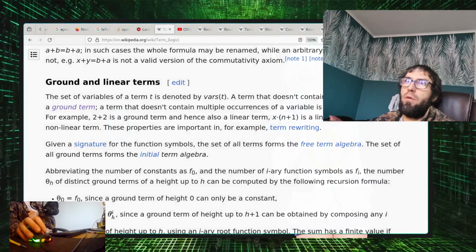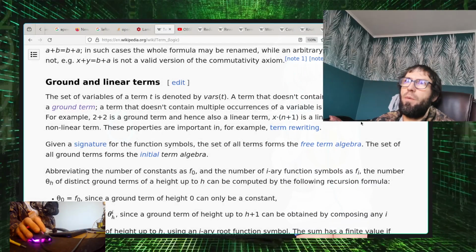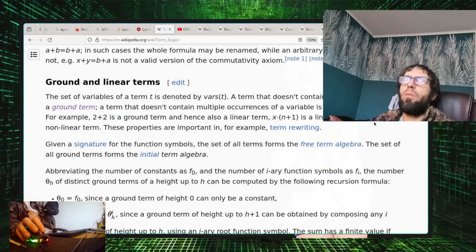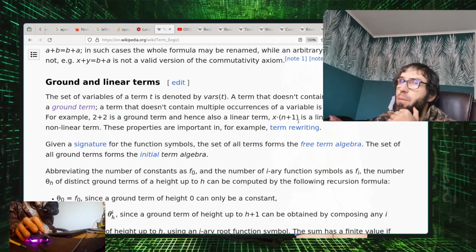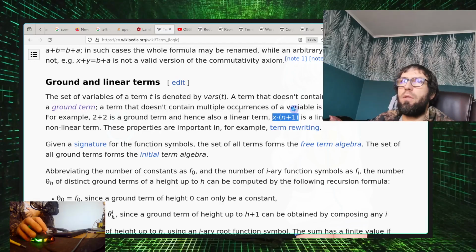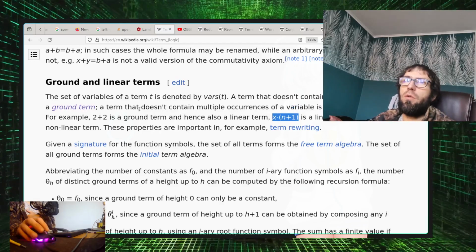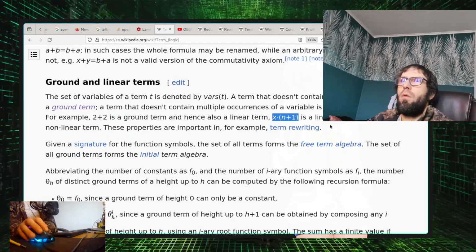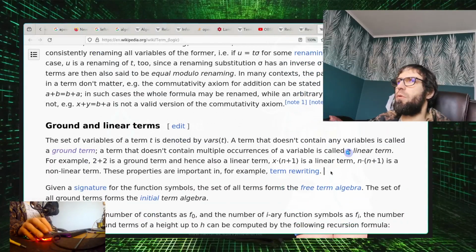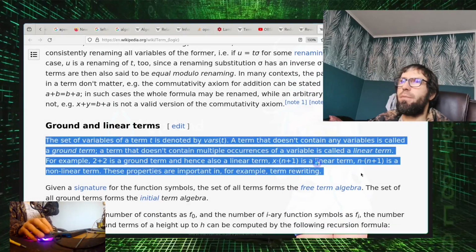Strange why they are not swapped here, because here we have only one variable, and this must be a linear term. And here we have multiple variables, x and 1. This is not a linear term. I don't know why, maybe it's an error, or maybe I don't understand something. Please write this in the comments. I'm talking about this paragraph.